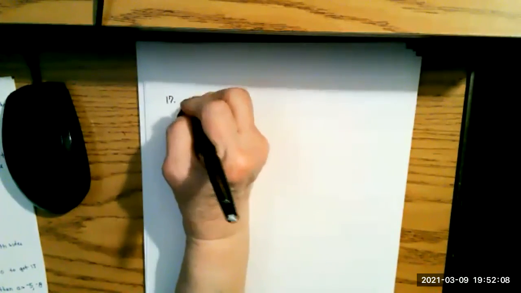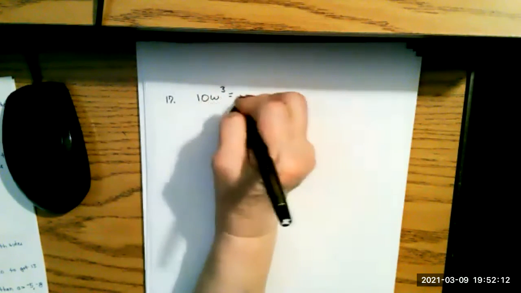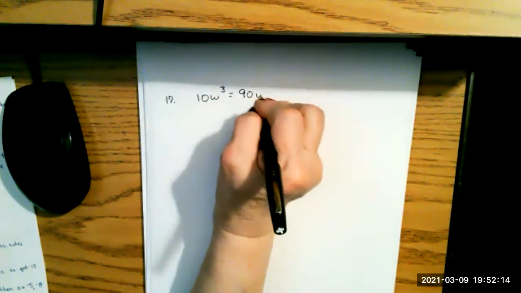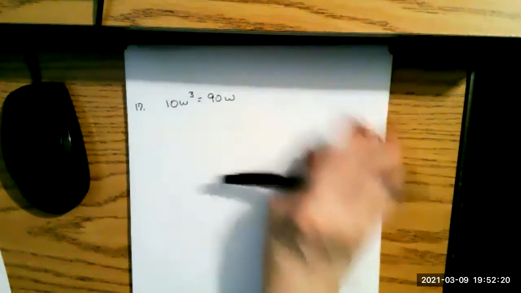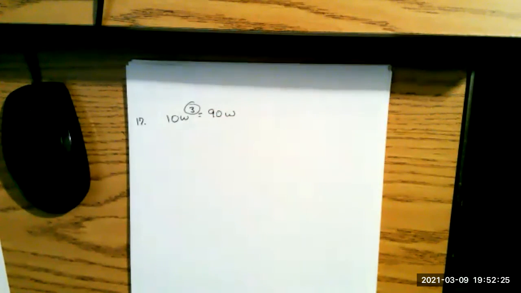All right, let's go to number 17. We did 18 earlier. This is number 17: 10w cubed equals 90w. This is a pretty interesting problem here. It has a cube instead of a square.